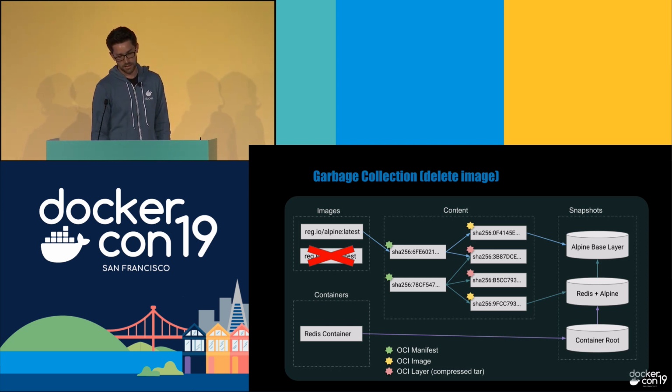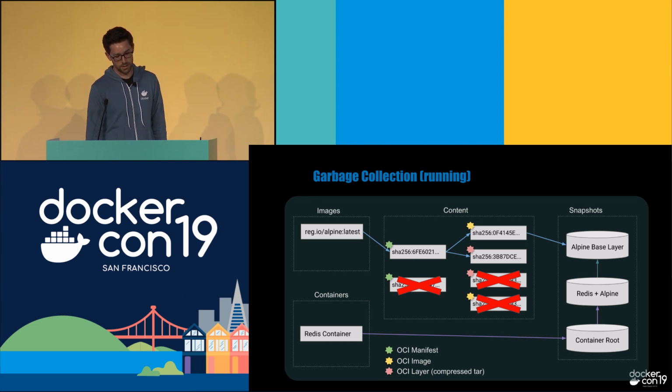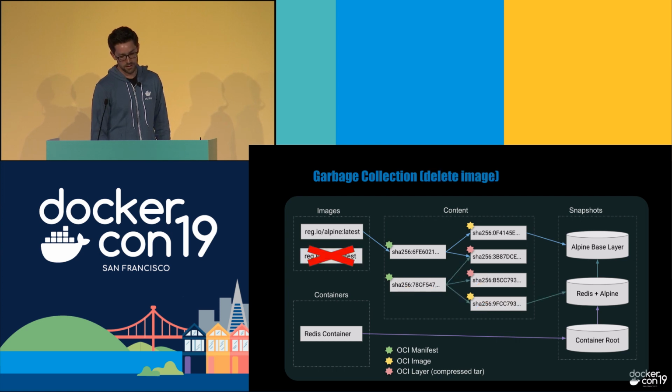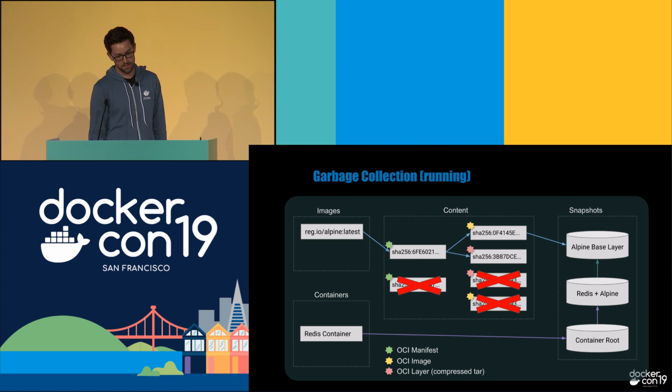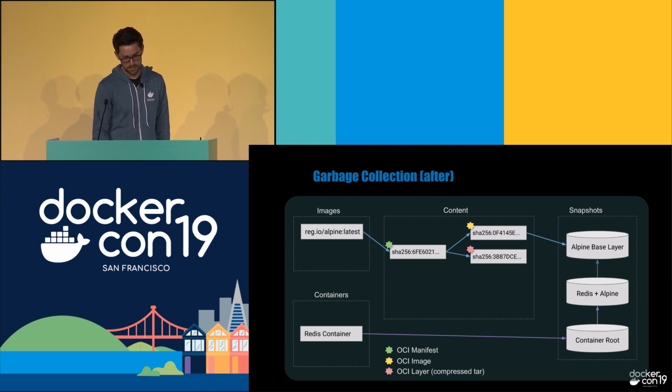Just that image will get deleted. And then when the garbage collector actually runs, these content objects that are no longer used will get marked for deletion. Since there's no more link to that image, that manifest will get deleted, and anything that manifest was pointing to and nothing else is pointing to goes ahead and gets deleted.